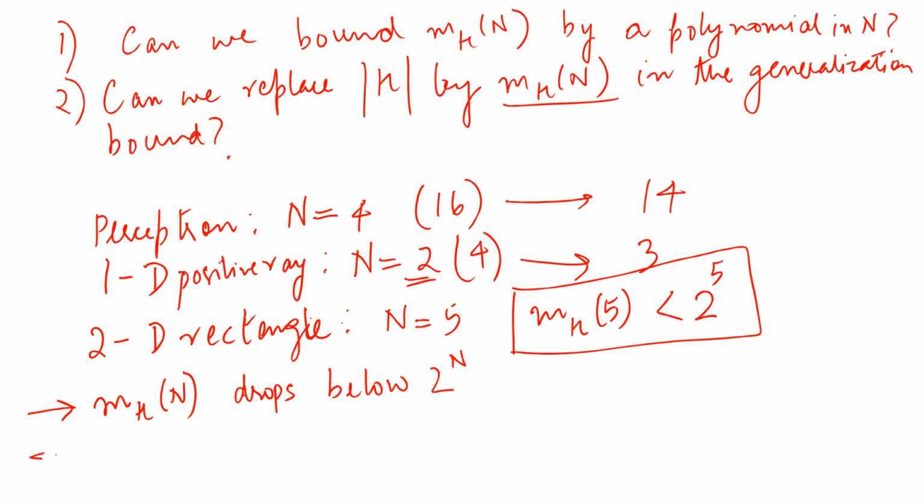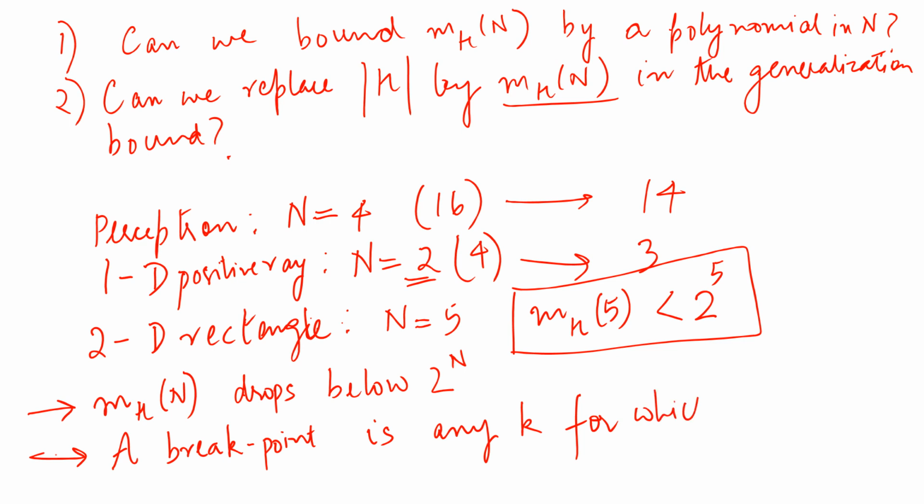Another important aspect of finding this deficiency was the breakpoint, because the breakpoint helped us reveal that deficiency. We defined a breakpoint as any k for which m sub h of k is strictly less than 2 to the k.